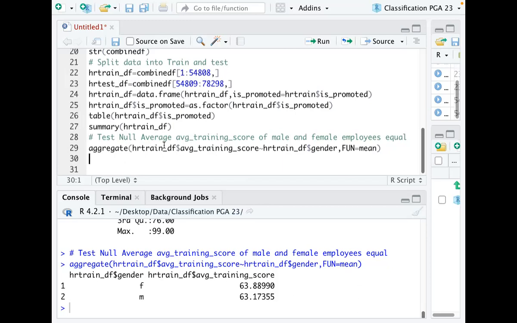Okay. What is the null? No significant difference in average training score of male and female.